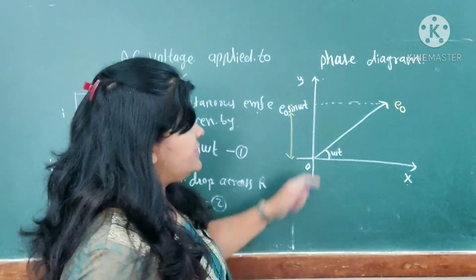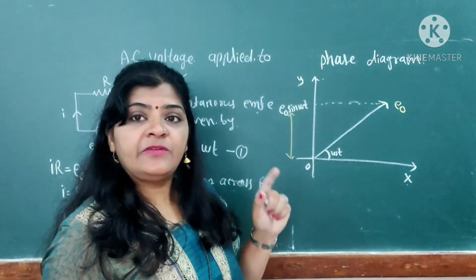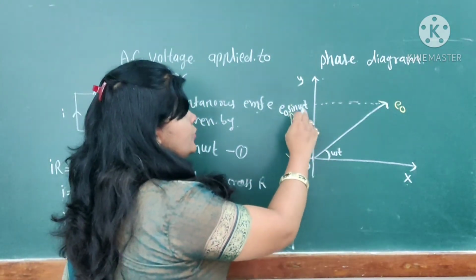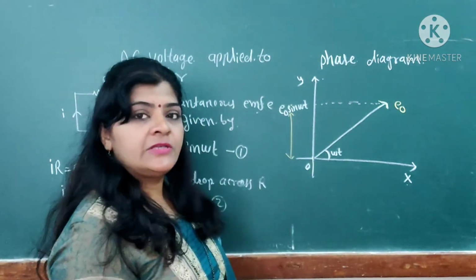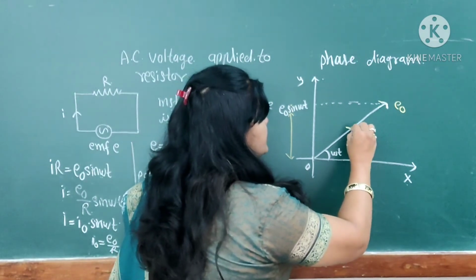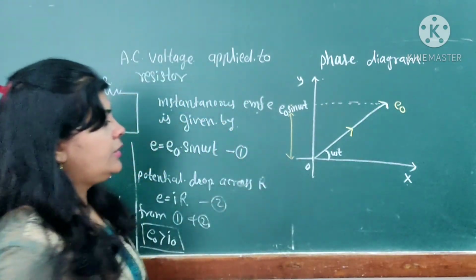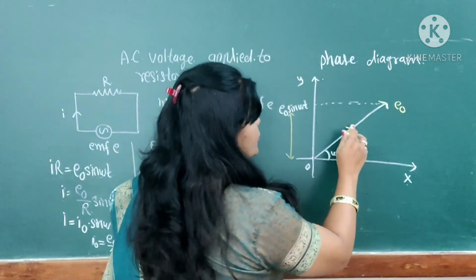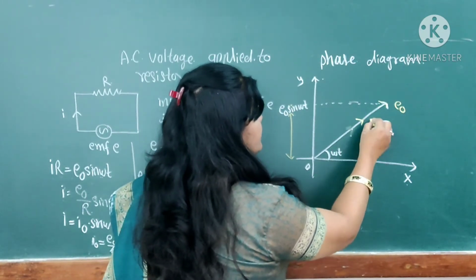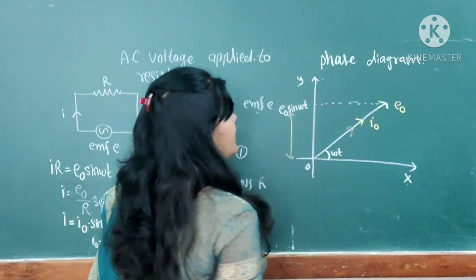Again the same function is there, and the phase difference between them is 0. Therefore the phase difference is 0. The angle between them is 0, and that's why both are along the same direction. I naught is the peak value.